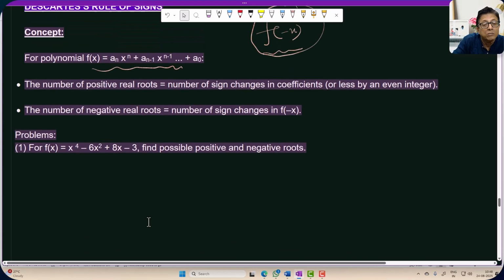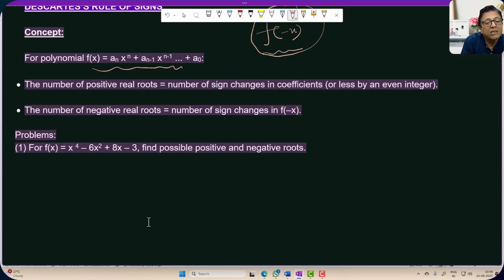How do we do it? You just consider the signs of f(x). x^4 has a coefficient plus, then 0 is there, you cannot write any sign over there, just minus x squared. This is plus, this is minus. How many sign changes are there?